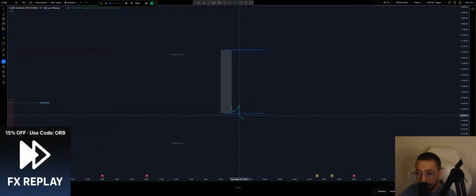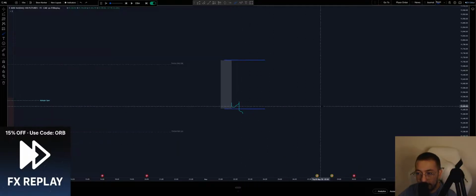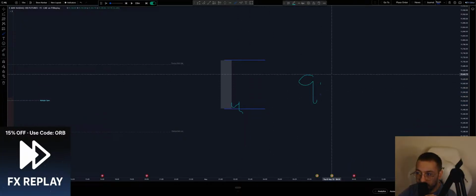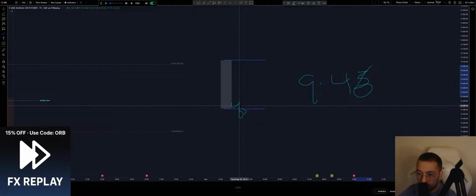But we only take trades after 10 a.m., so 10:01 and further. That's where we'll be looking for trades. But we can look one time before 10 a.m., which is 9:46. At 9:46, if the candle on the 1 minute breaks below the range, then we can consider a short if the price retests that ORB.